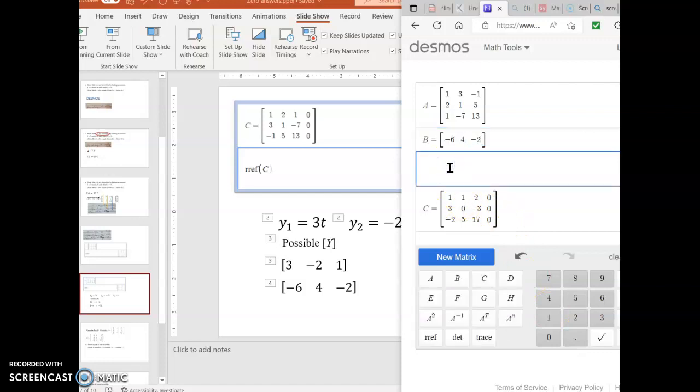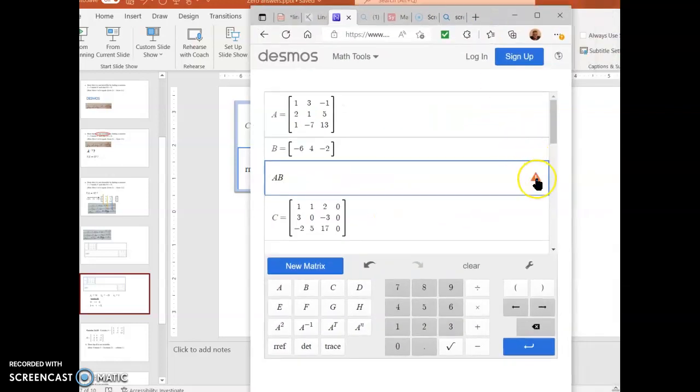Now let's see what AB equals. Sorry, it's in the wrong order. They don't even match up. So let me get rid of the A and write it behind. So it's BA. And it is 0, 0, 0.